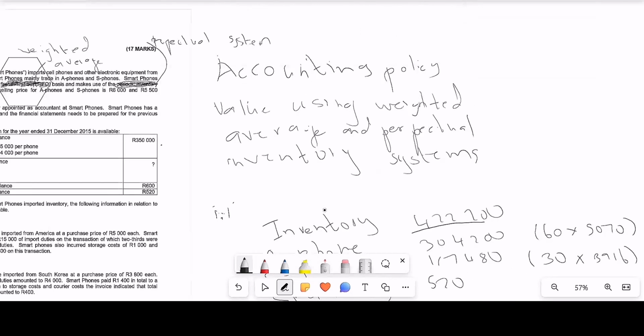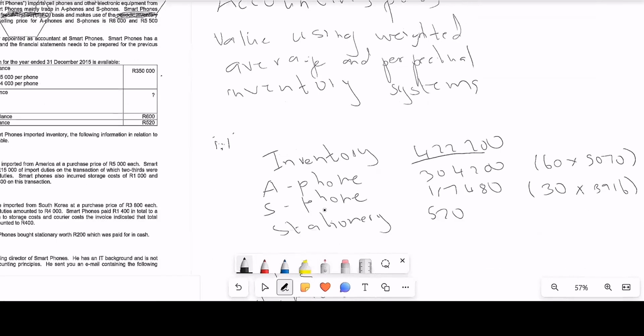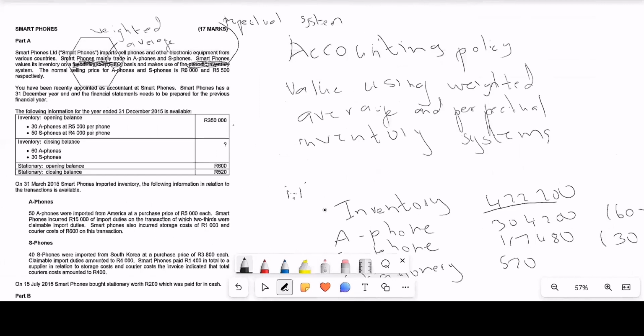So basically, this is the difference between the first in, first out and the weighted average.